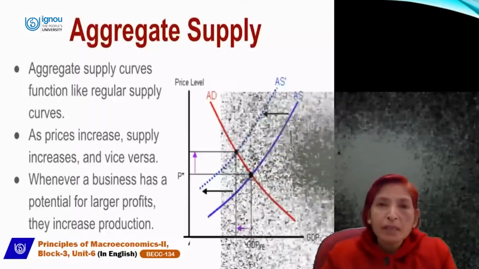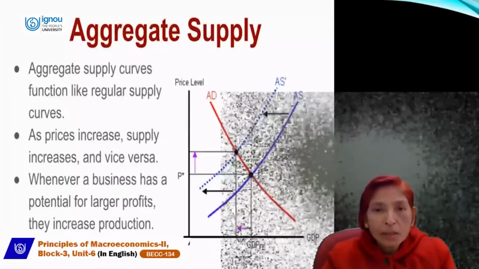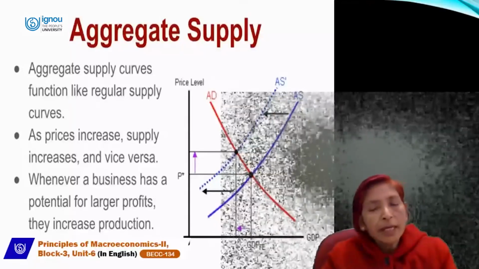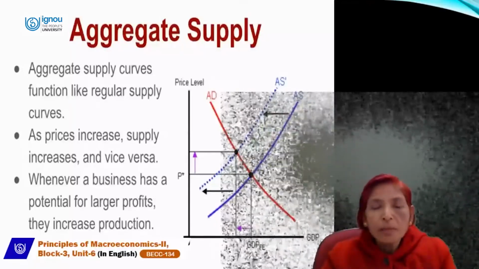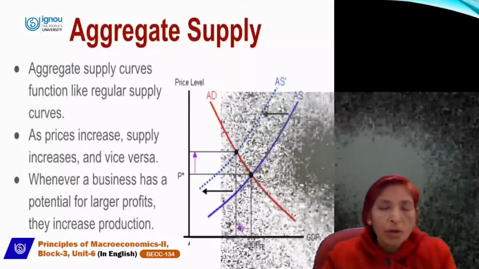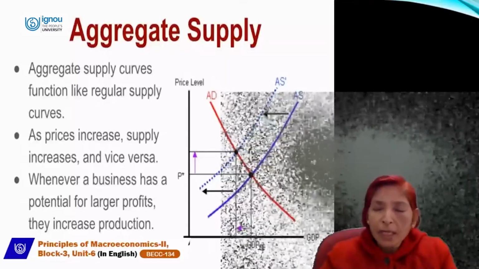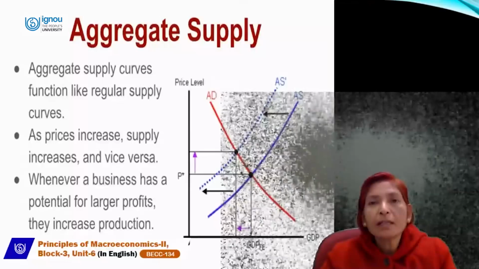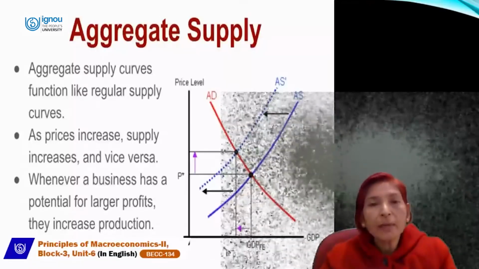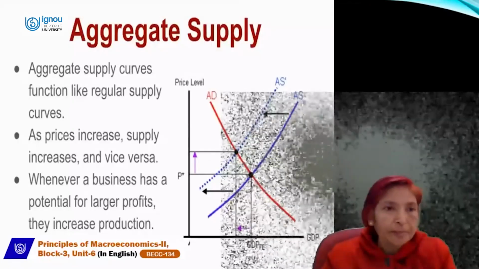According to J.M. Keynes, in the short run, the aggregate supply curve remains horizontal, parallel to the x-axis, but according to classical economics, the aggregate supply curve in the long run remains vertical, parallel to the y-axis. This horizontal shape of the SRAS curve is according to Keynes, and the vertical LRAS curve shows the long run aggregate supply curve according to classical economists.